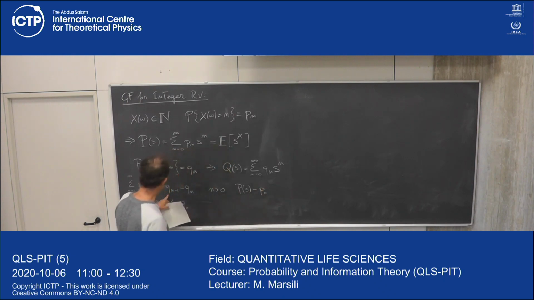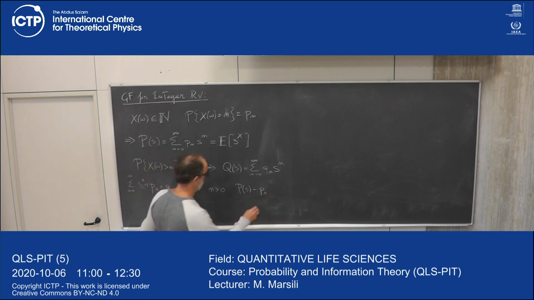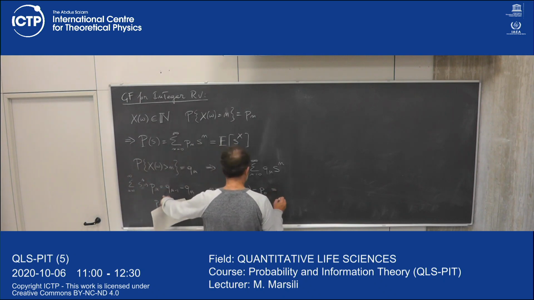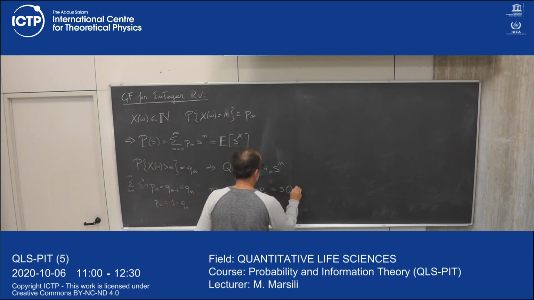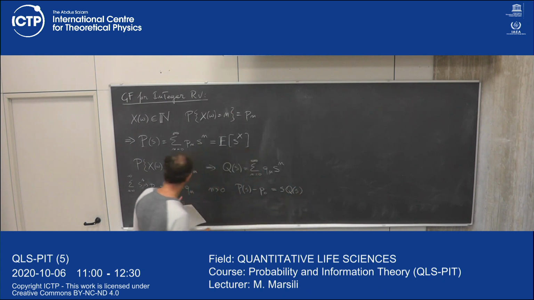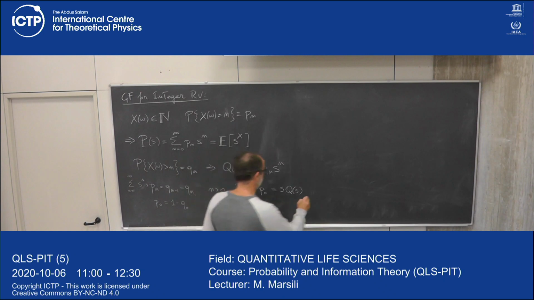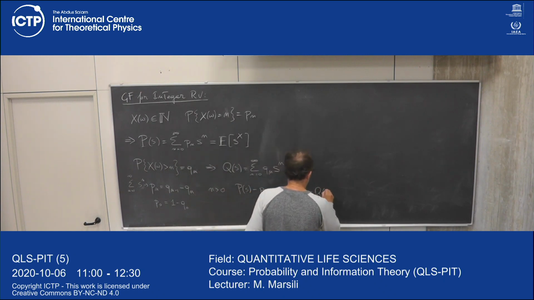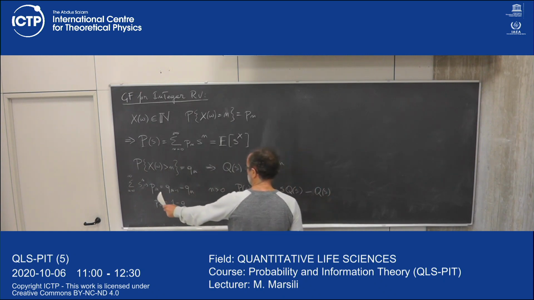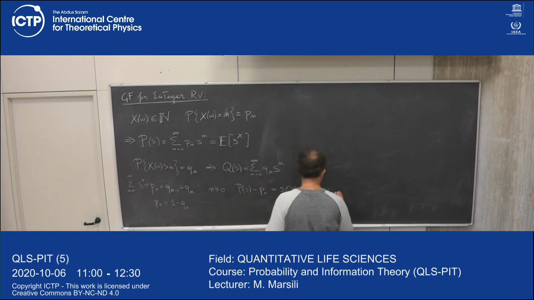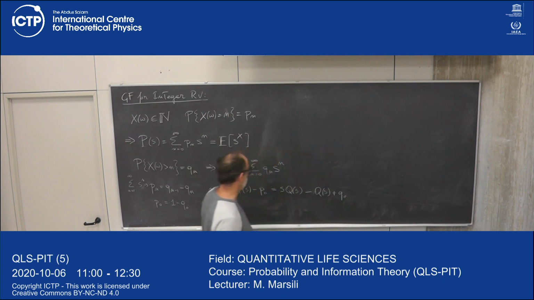And on the other side, you get s times Q of s. And then here, when you multiply by s to the n and sum over n from 1 to infinity, you get Q of s, apart from the term n equal to 0, so plus Q of 0.